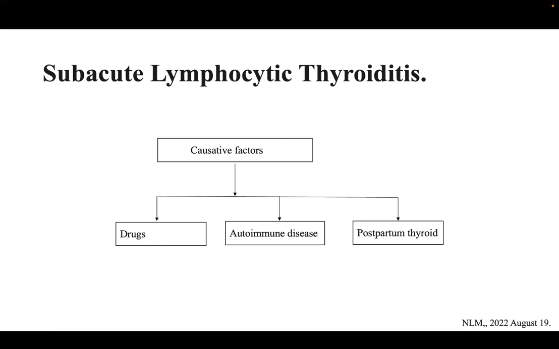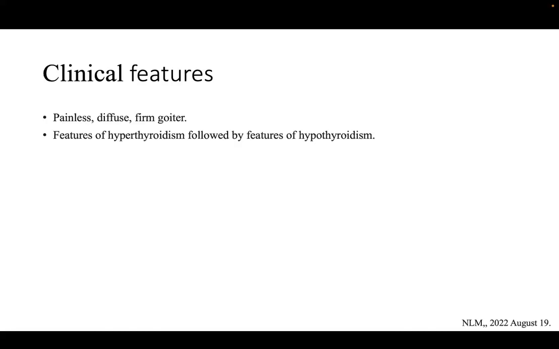It could be various autoimmune diseases, and it can also occur in the postpartum period, as postpartum thyroiditis. Usually postpartum thyroiditis is prevalent in women who have type 1 diabetes mellitus, and they will also show increased levels of thyroid peroxidase antibodies.